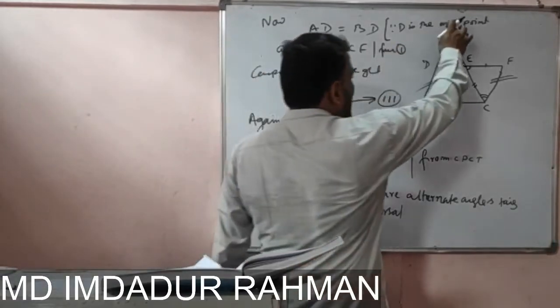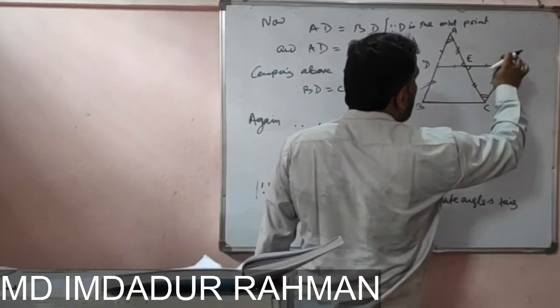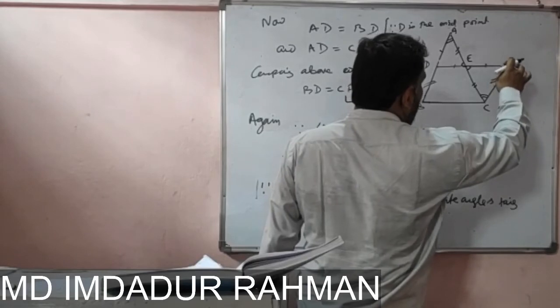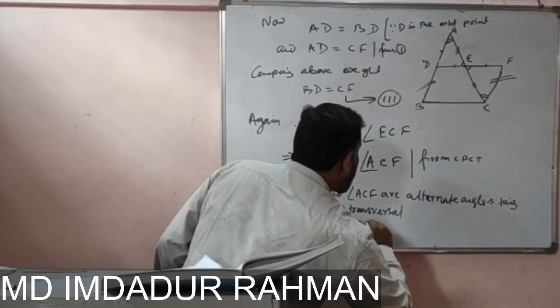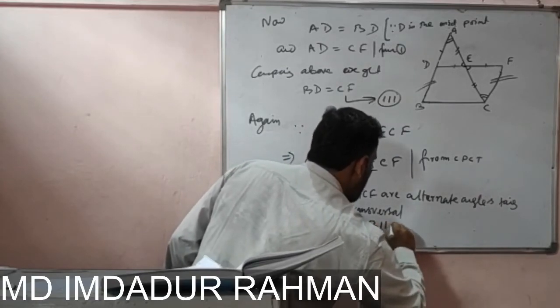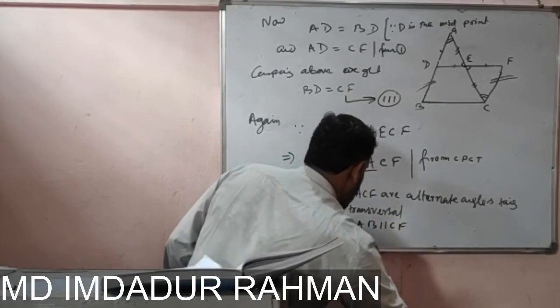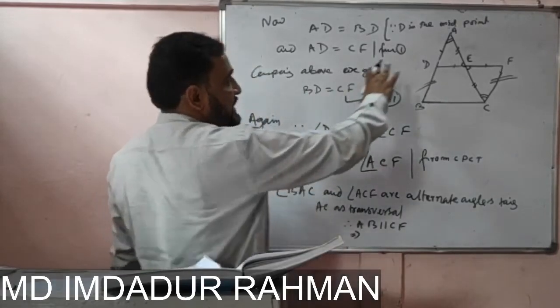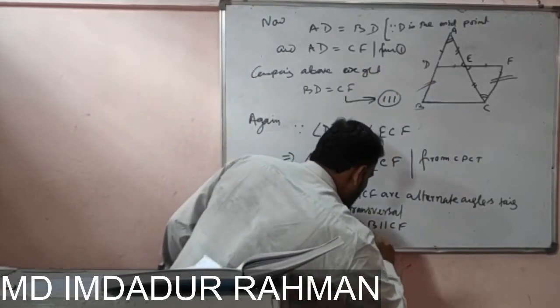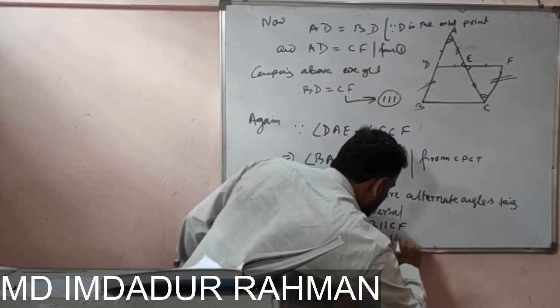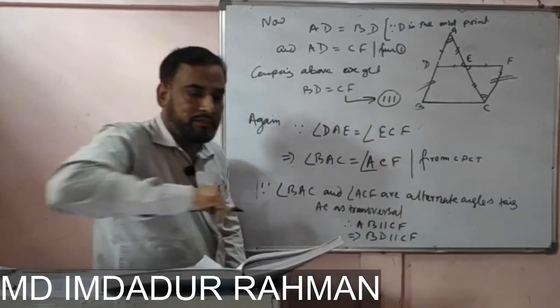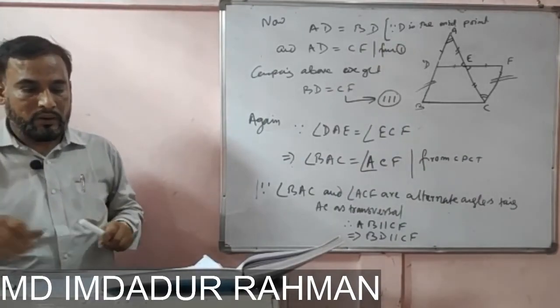Therefore, AB is parallel to CF. AB's part is BD, therefore we can write BD is parallel to CF.